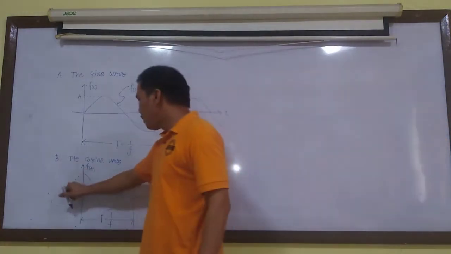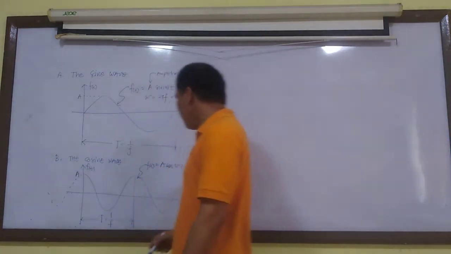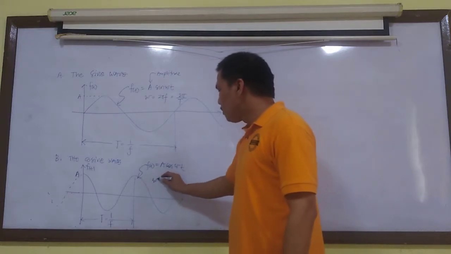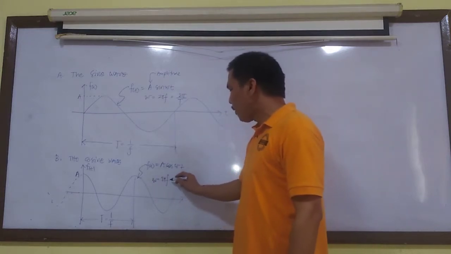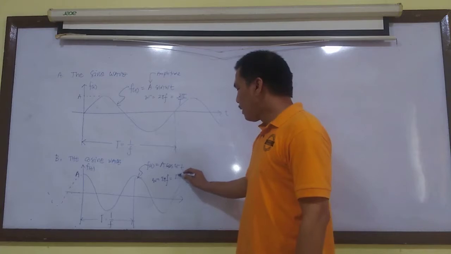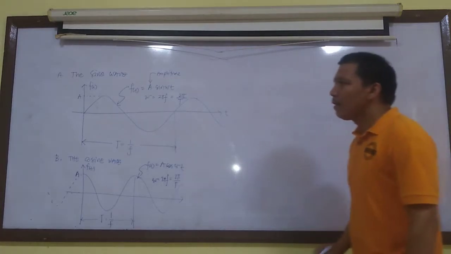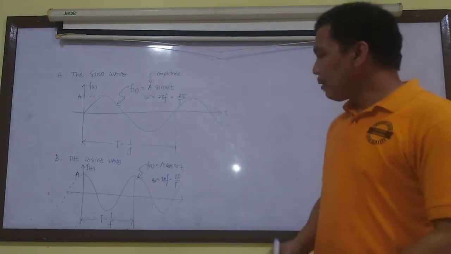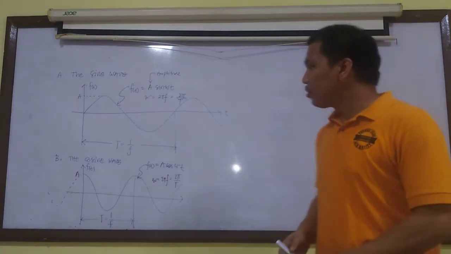The amplitude is A, and omega is the same, 2 pi times the frequency, or 2 pi divided by your period. That's how you analyze the parameters of the cosine function.